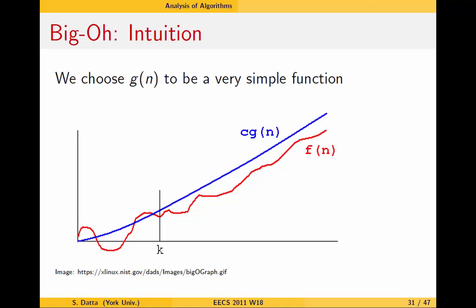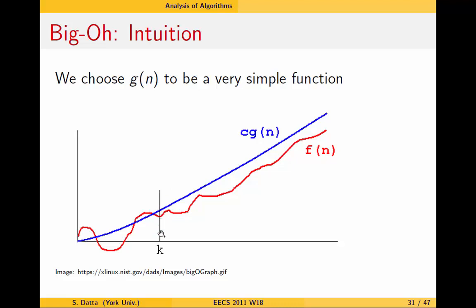Typically, you choose g of n to be simple. F of n is what you get from analyzing your program, your algorithm. Maybe complex, or at least certainly more complex. G of n, you choose something simple, n squared, n, one of those 7 functions, let's say, that we looked at. Because you chose a simple function, it may not be the case that the blue curve, the simple function, is always above the red curve. So what we ask is that there should be some threshold.